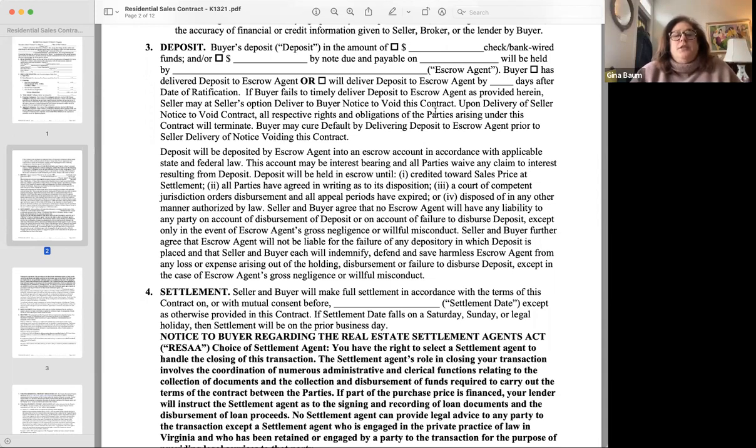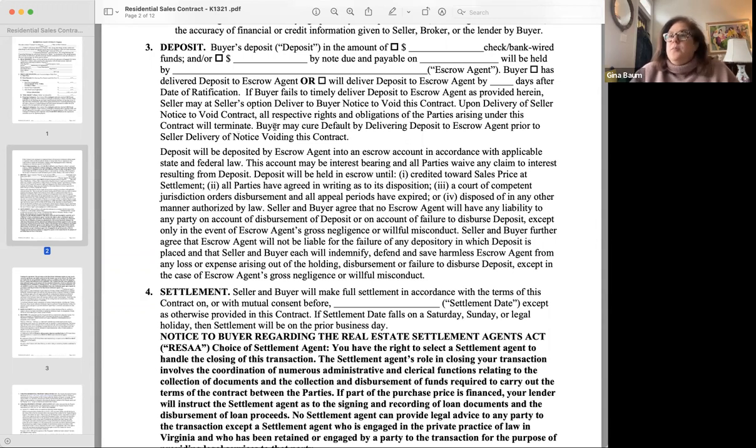In terms of the seller's right to void the contract, upon delivery of the seller notice to void the contract, all respective rights and obligations of the parties arising under this contract terminate.